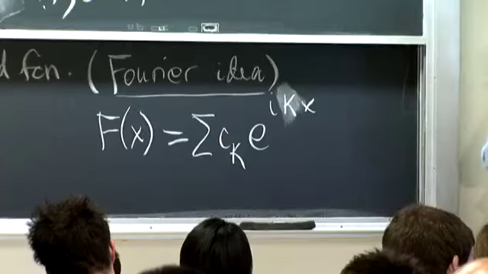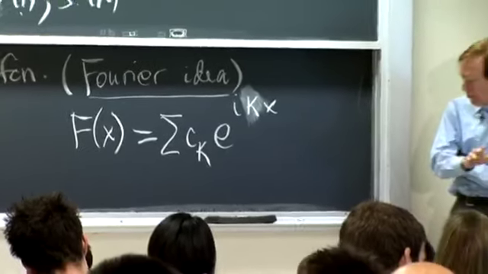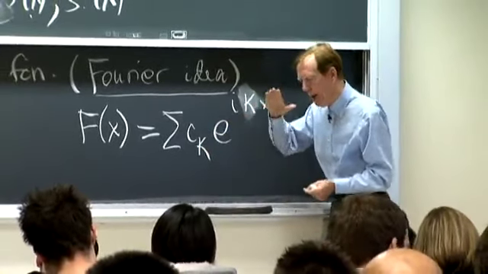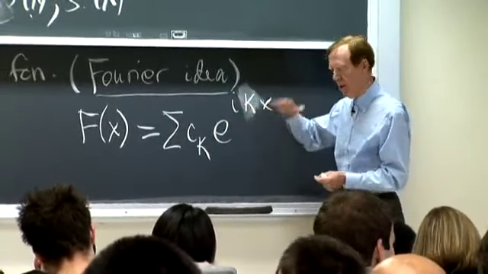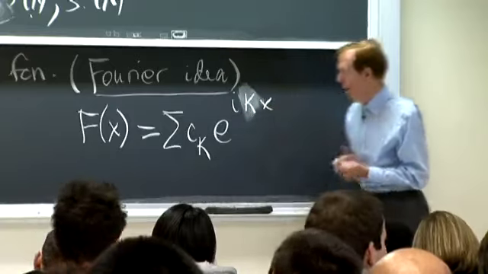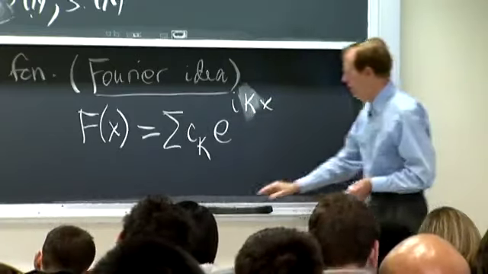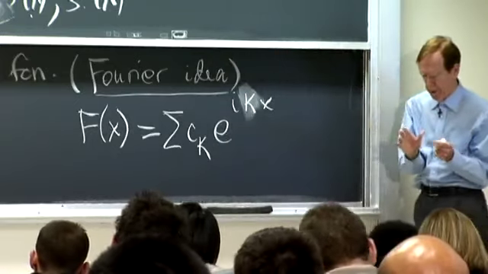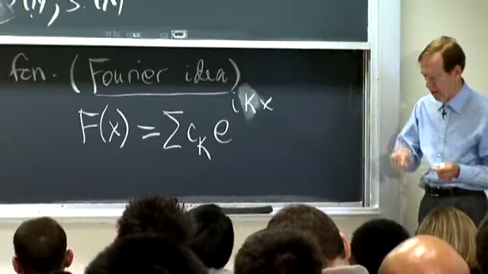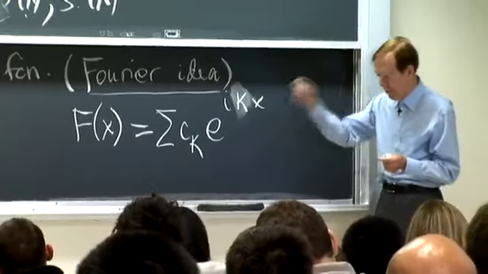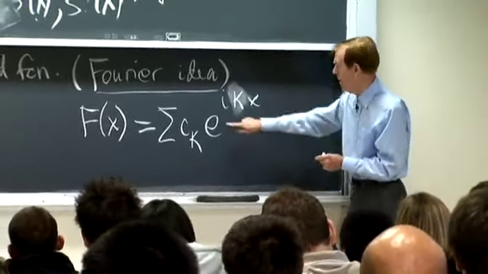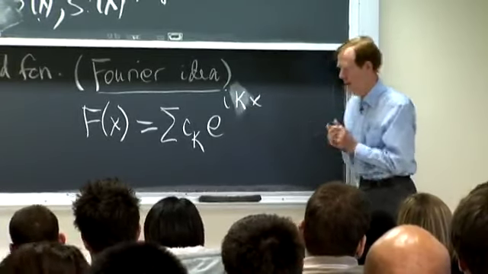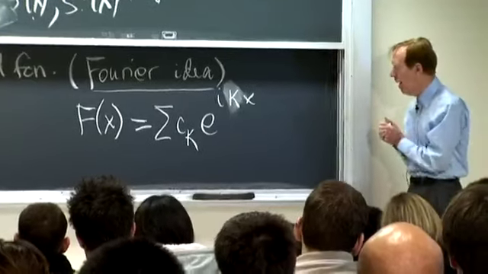That would be a Fourier series, because k has integer values. The frequencies are 0, 1, 2, 3, whatever. That Fourier series comes for functions that are periodic. They repeat every 2 pi, because if I increase x by 2 pi, those functions don't change.